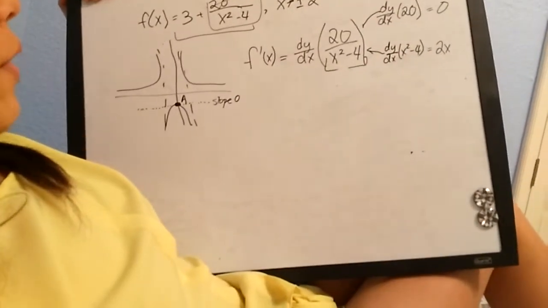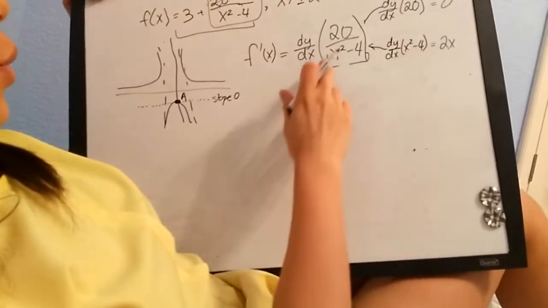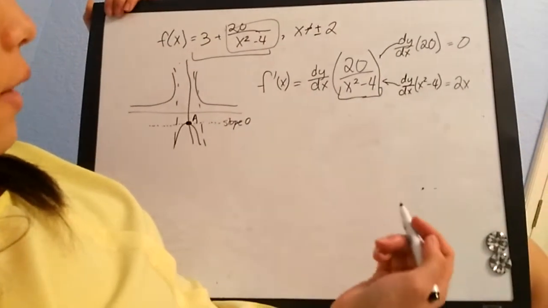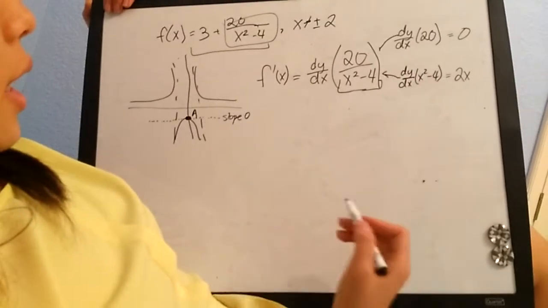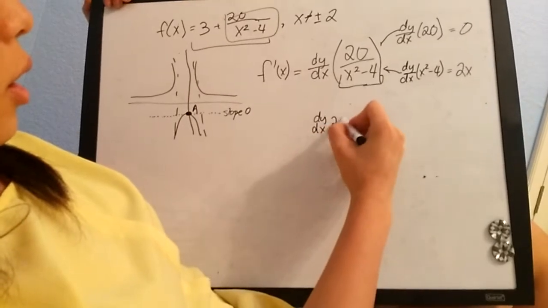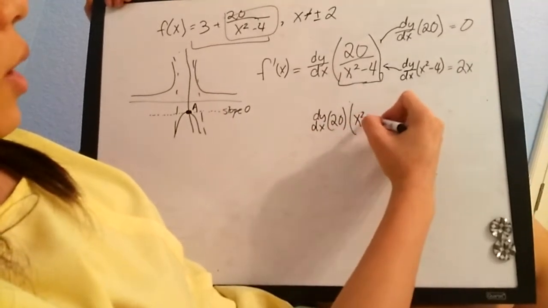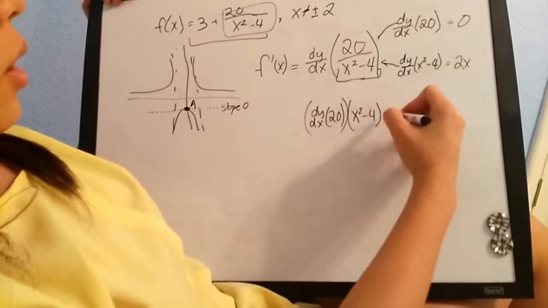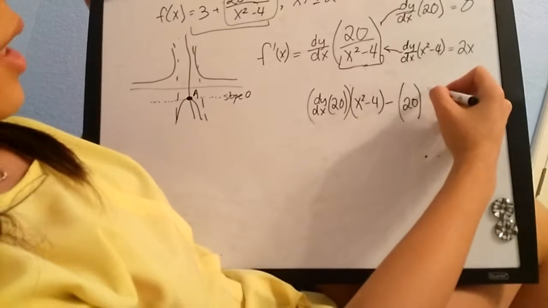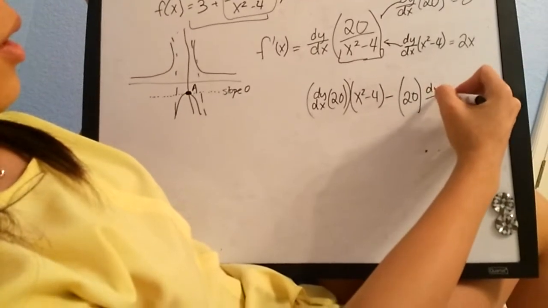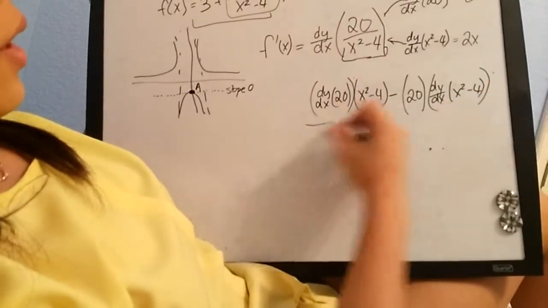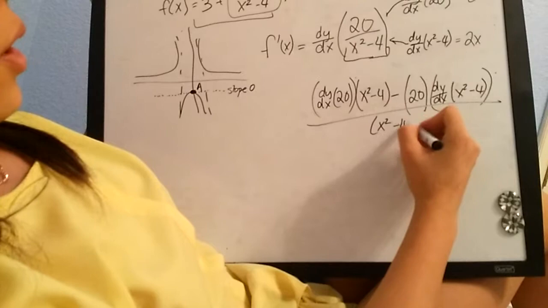So we now know the derivative of 20, and we know the derivative of x squared minus 4. To find the derivative of 20 over x squared minus 4, it's the derivative of 20 times x squared minus 4, minus 20 times the derivative of x squared minus 4, over x squared minus 4 squared.